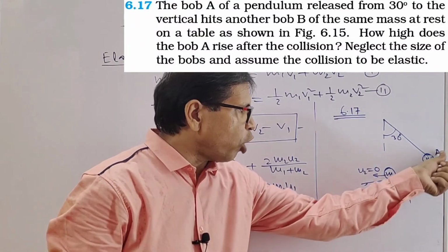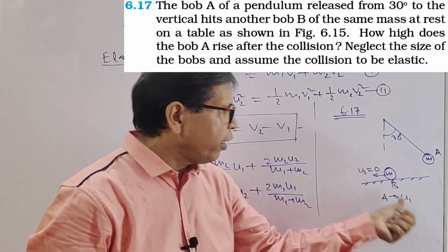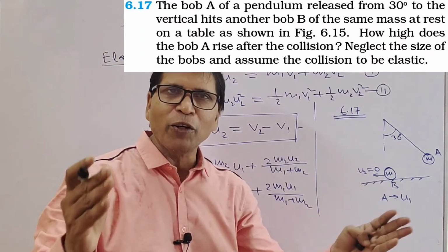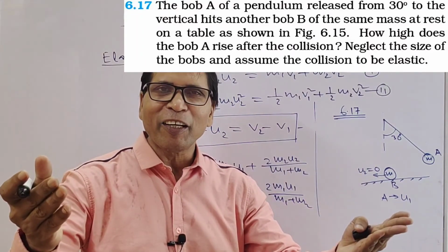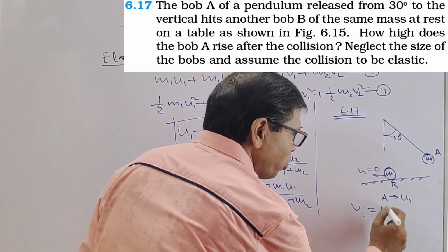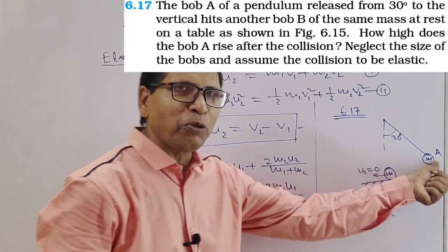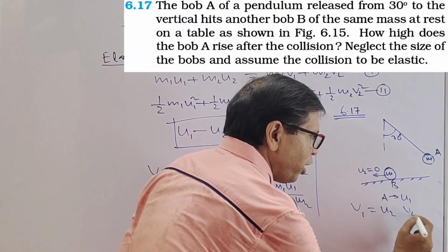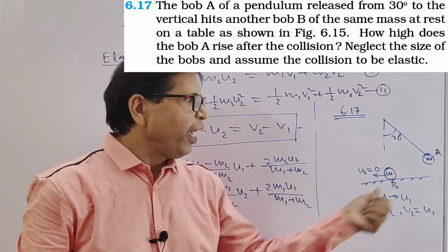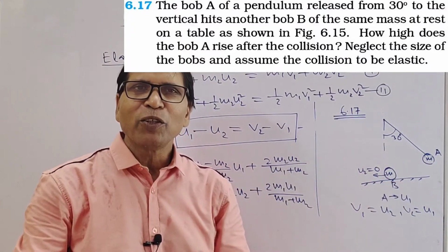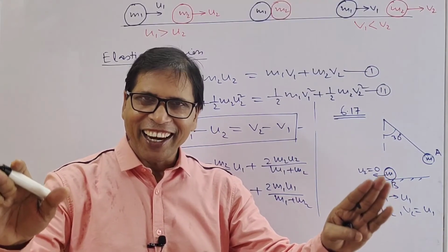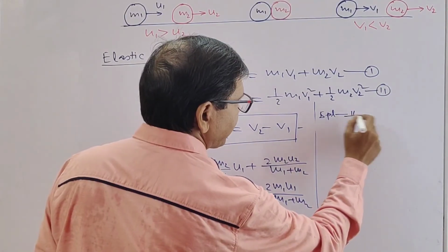The initial velocity of A before collision is u1 and the initial velocity of B is u2 equal to 0. So in elastic collision between two equal masses, v1 equal to u2, so this body comes to rest, and v2 is equal to u1, so this body moves with velocity u1. As body A will be at rest, no rise takes place of body A. Understood? Next.